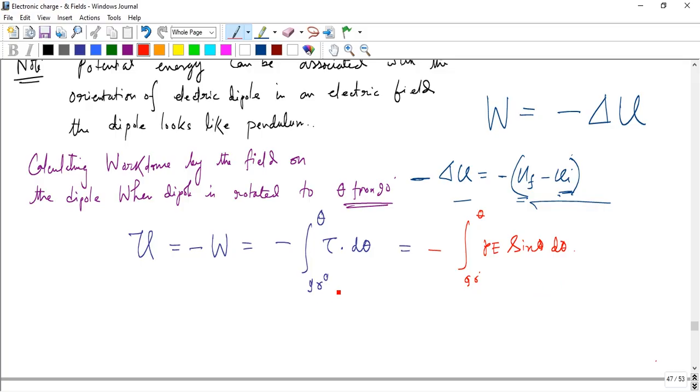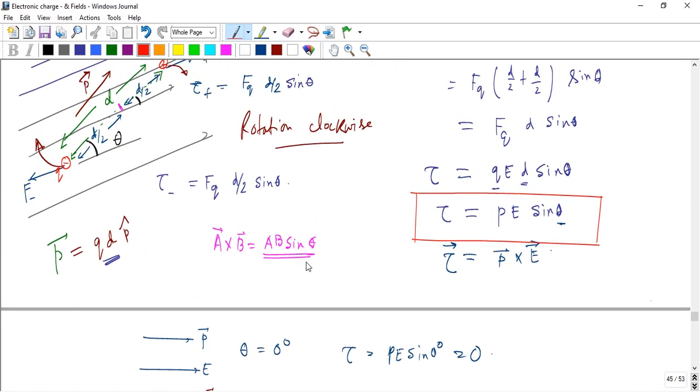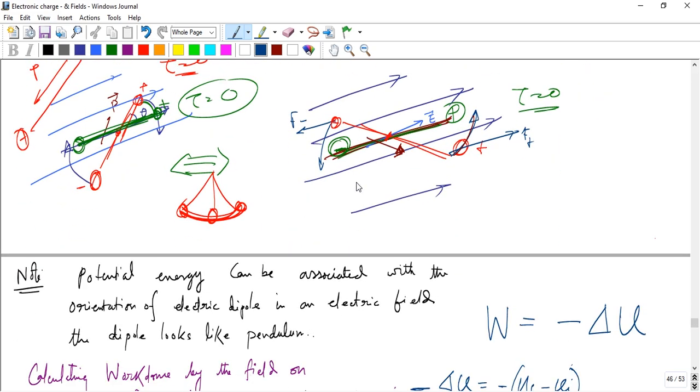Now another important thing is that the rotation is clockwise. Clockwise rotation means a negative torque or moment of force. So here you get a clockwise rotation.